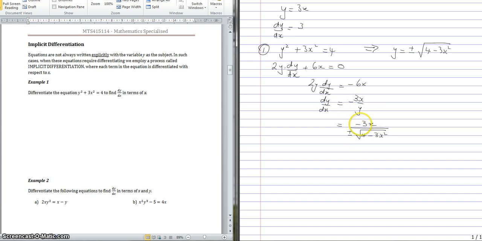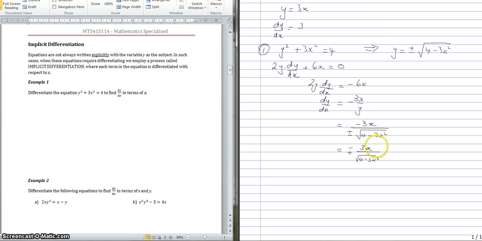Now, clearly when we've got the plus or minus here and we've already got a minus, it's still going to be plus or minus. You could be pedantic and change your plus or minus to be the other way around. It really makes little difference. So it's 3x over the square root of 4 minus 3x squared.